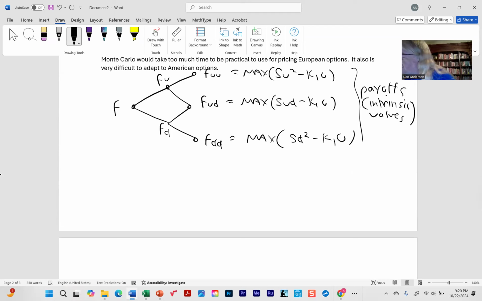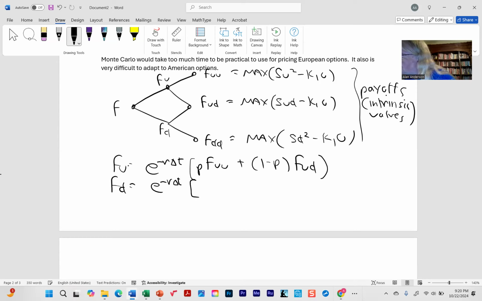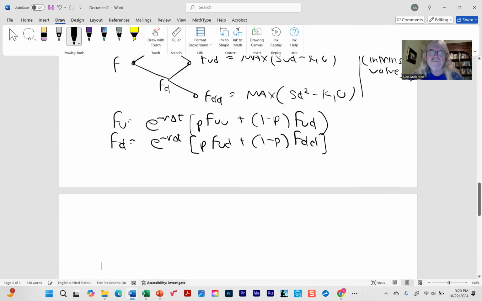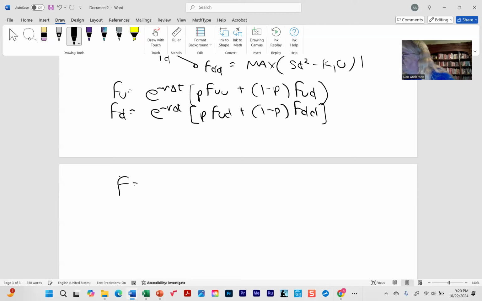FU, for example, would be the present value of P times FUU plus 1 minus P FUD. FD would be the present value of P FUD plus 1 minus P FDD. The price today, F, would be, again, the present value of going up to FU or down to FD.